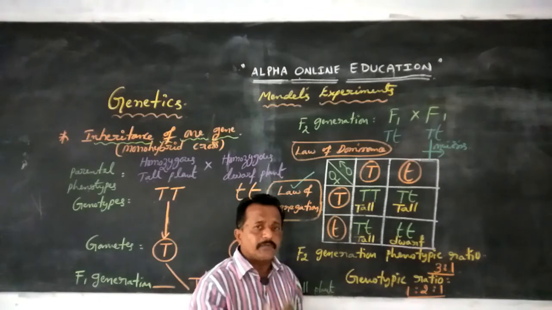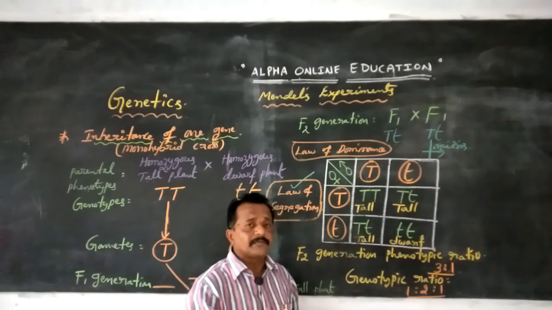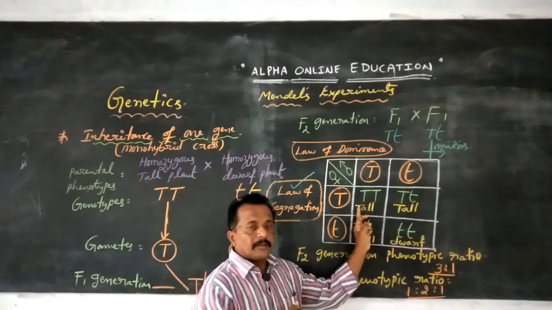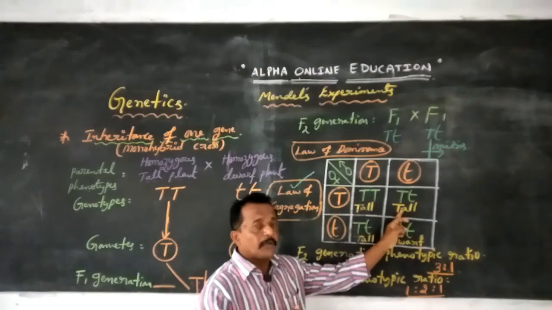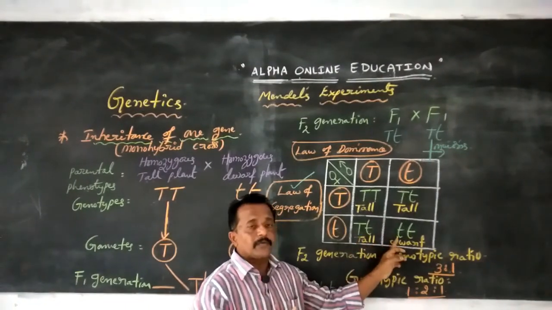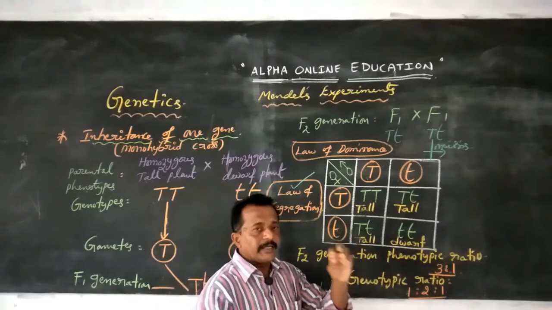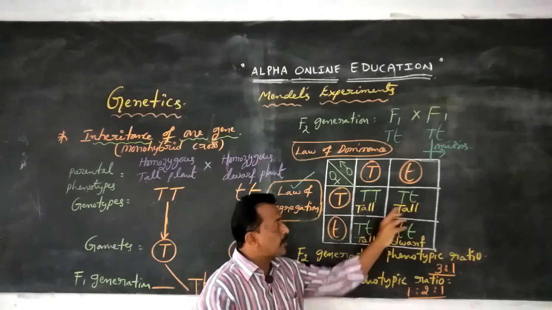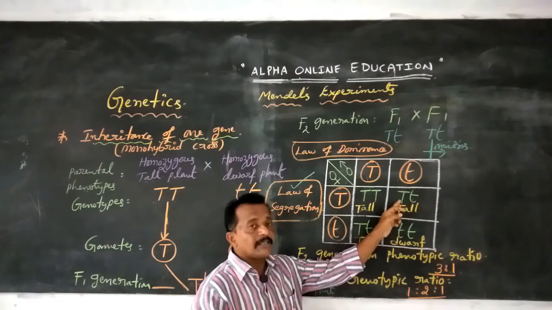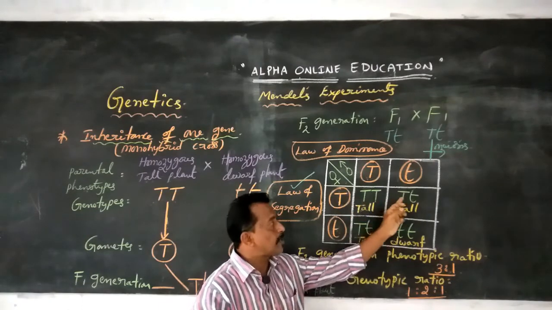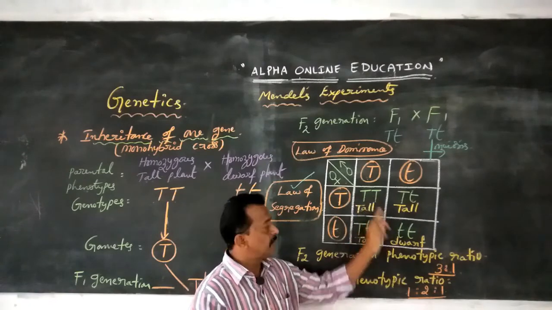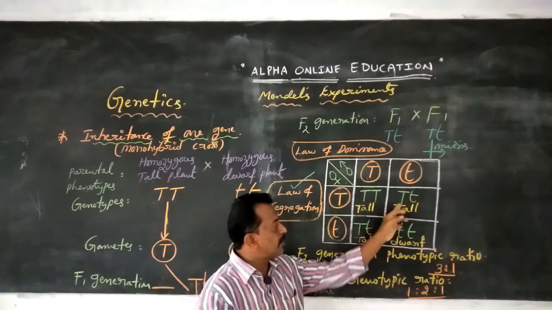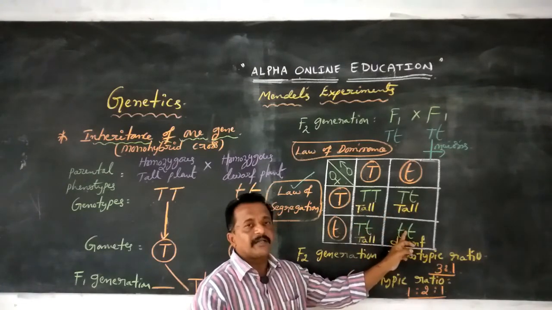So the phenotypic ratio is 3:1, but the genotypic ratio is 1:2:1. Three are tall phenotypically, but only one is dwarf. One is homozygous tall, two are heterozygous tall, because the genes are the same in the homozygous case and separated in the heterozygous case, and one is homozygous dwarf.